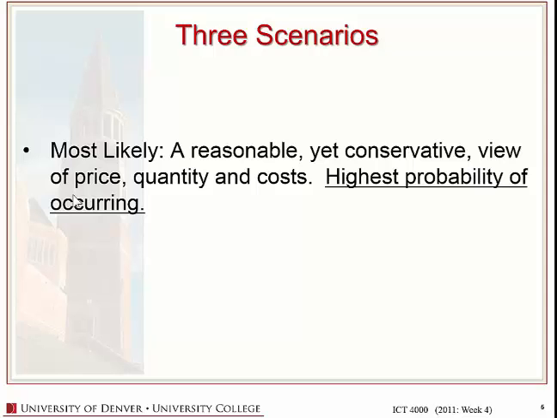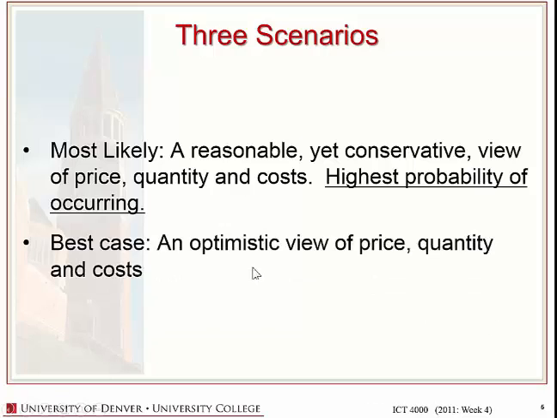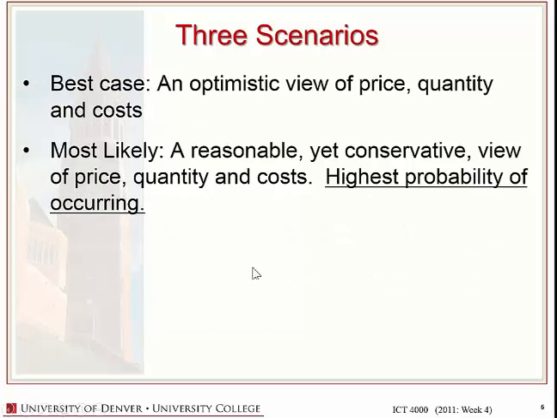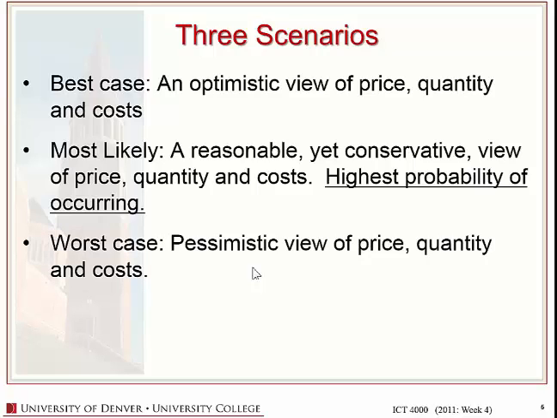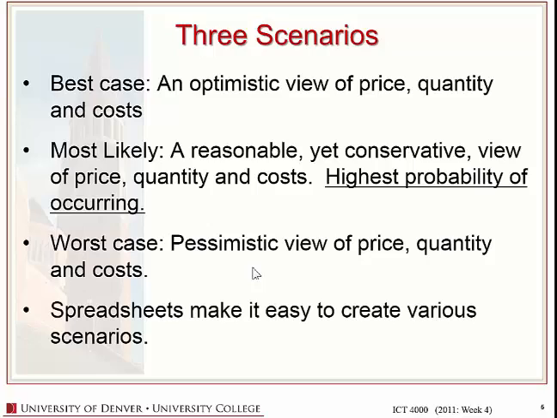And from there, we will create a best case, which is an optimistic view of price, quantity, and costs. What's the best that could happen? Then we will take a look at the worst case, which is the pessimistic view of price, quantity, and costs. And the beauty is that spreadsheets make it so easy to create these various scenarios.